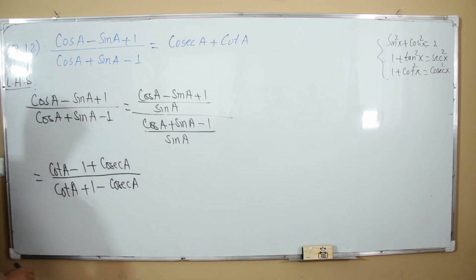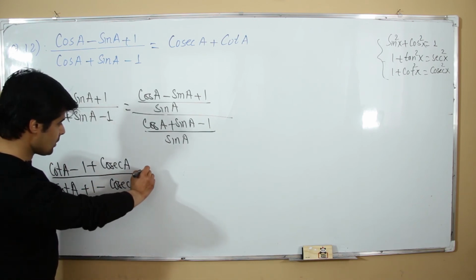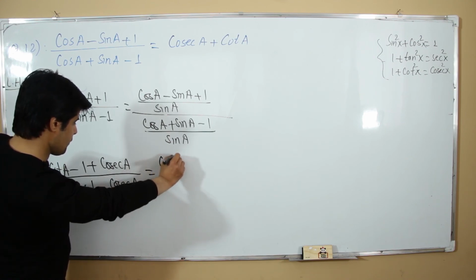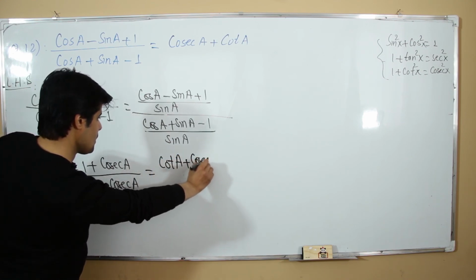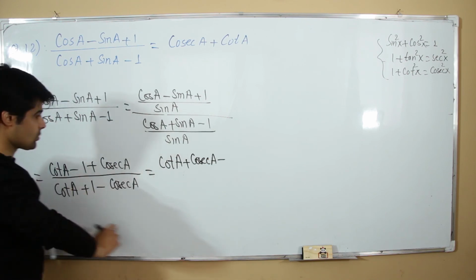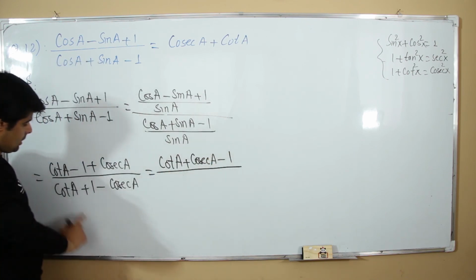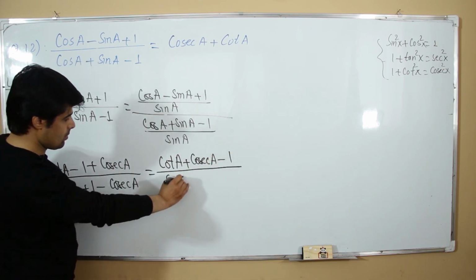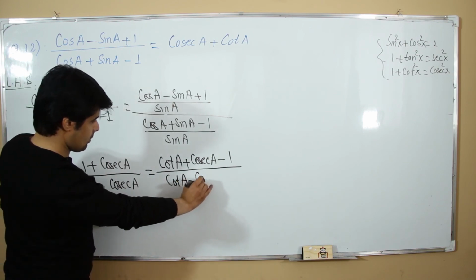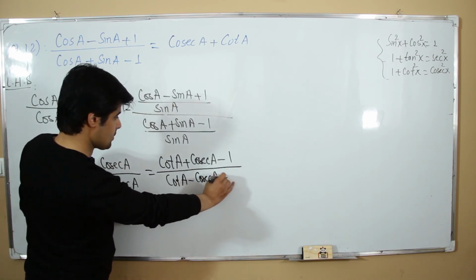What should I do? Let me rearrange this one. Cotangent of a plus cosecant of a minus 1. In here, cotangent of a minus cosecant of a plus 1.